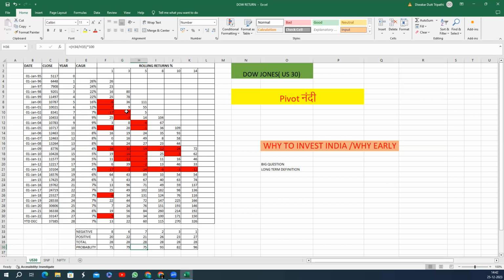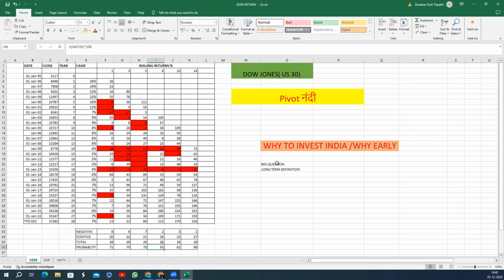Similarly, if we go to the 5-year and 8-year period, in the 8-year period, if somebody remains invested for 8 years, you can see only two columns are negative. So the probability is increasing as our long-term holding is increasing.